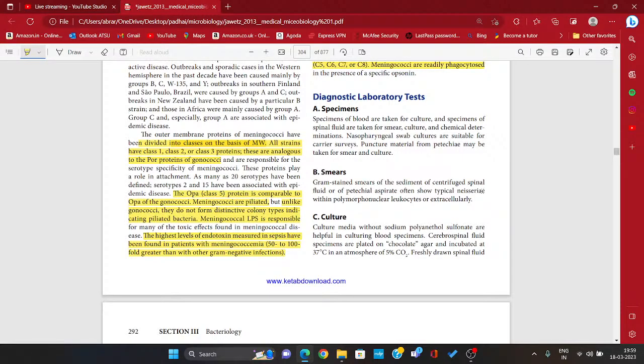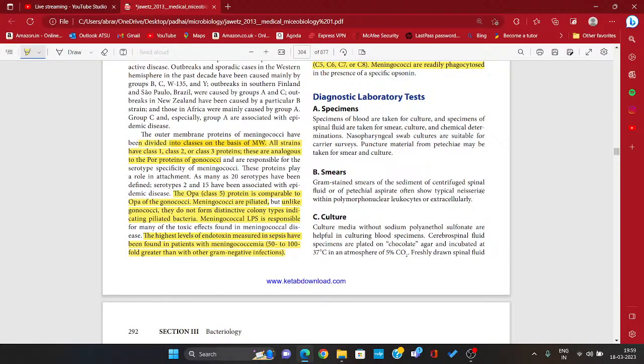Diagnostic laboratory tests. Specimens of blood are taken for culture, and specimens of spinal fluid are taken for smear, culture, and chemical determination. Nasopharyngeal swab cultures are suitable for carrier surveys. Puncture material from petechiae may be taken for smear and culture.